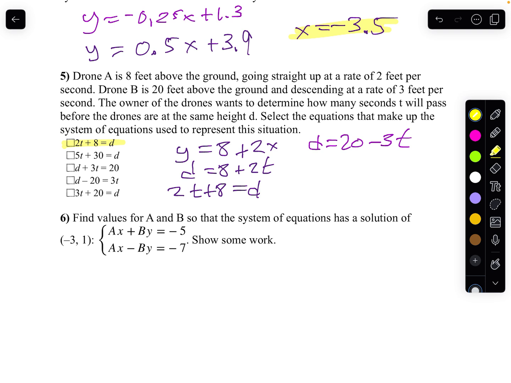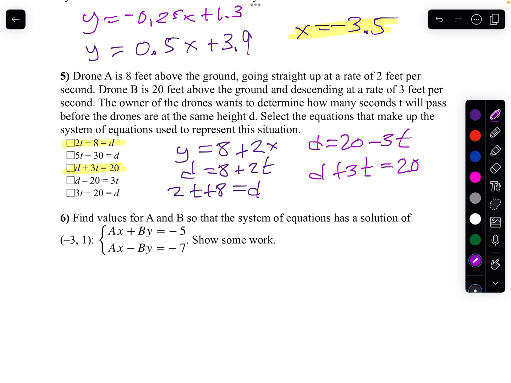Well, is my first equation, if I add 3t to both sides, I get d plus 3t equals 20. So I should have my third choice also. And then if I do my fourth choice, if I subtract 20 from both sides, but then I'd subtract negative 3t one time.